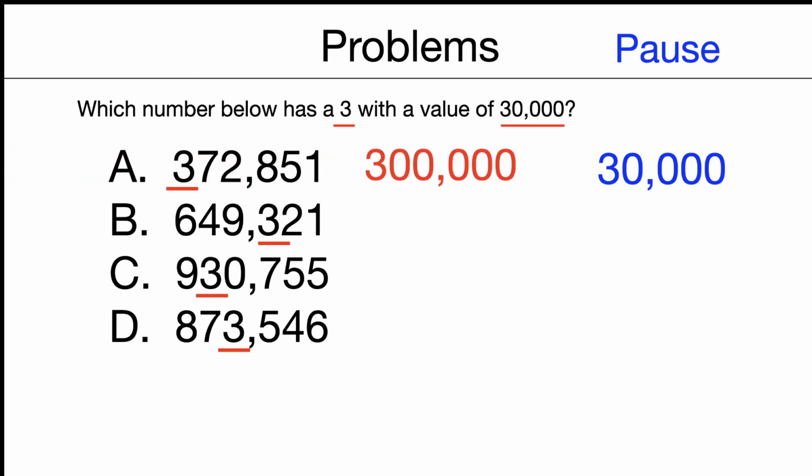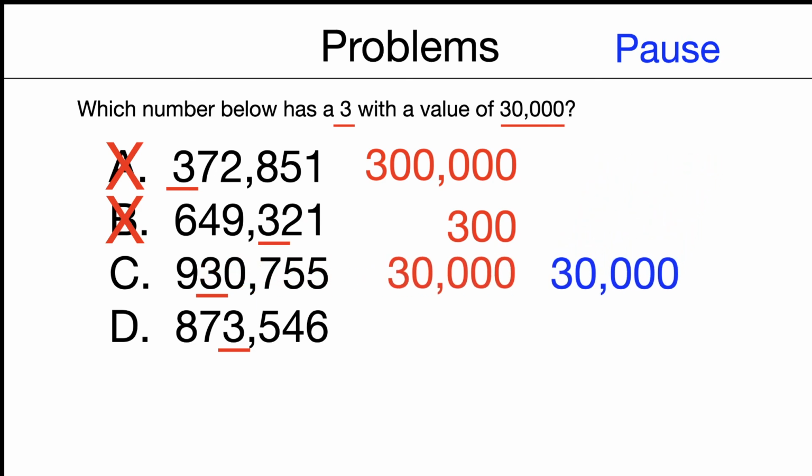So A is 300,000, so that's not correct. B, the 3 is only 300. That's not correct. C, it's 30. There we go. So it's going to be C, and D is only 3,000. So our answer is C, 930,755, which has a value of 30,003.